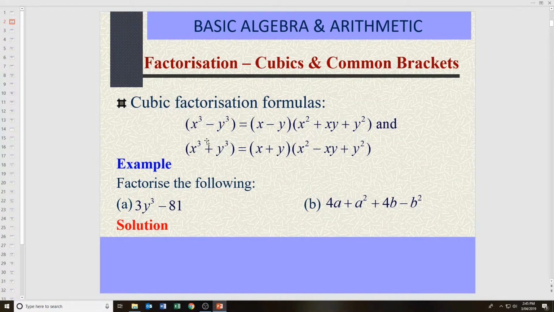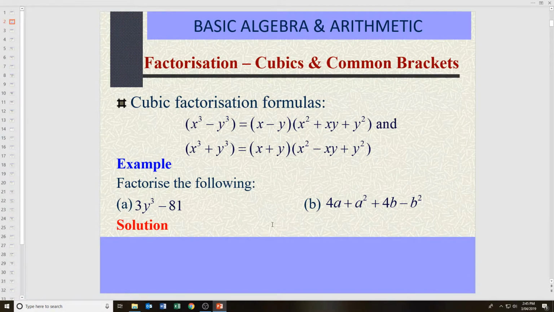And if it's x cubed plus y cubed, the first bracket is x plus y. Now the sign in the next bracket will always be the reverse. So if it's minus here, it will be plus there. And if it's plus here, it will be minus there. And the last term is always positive, y squared.